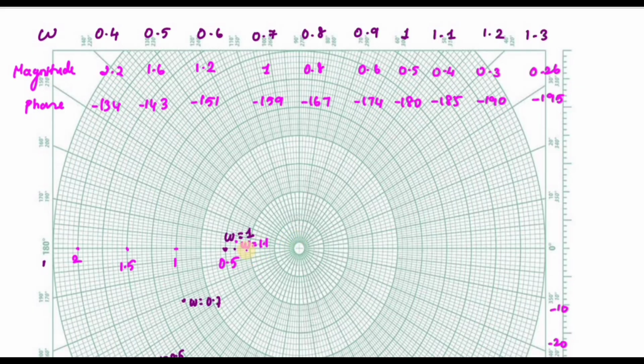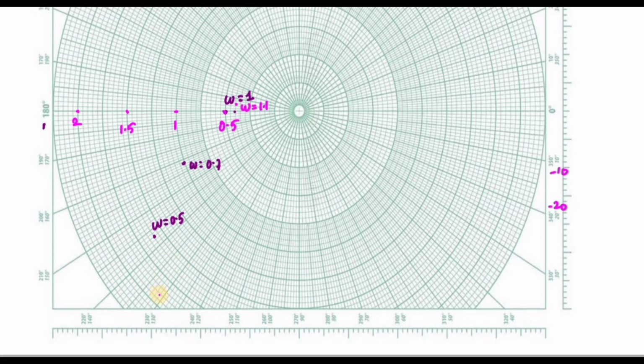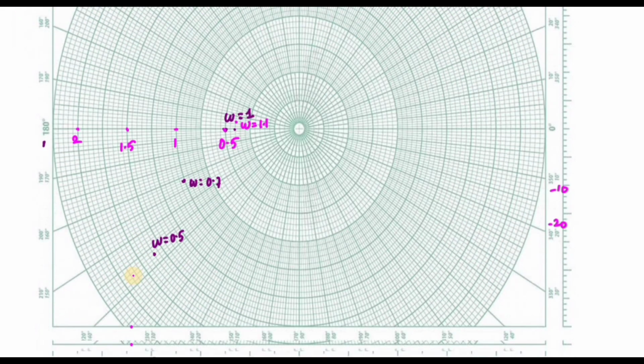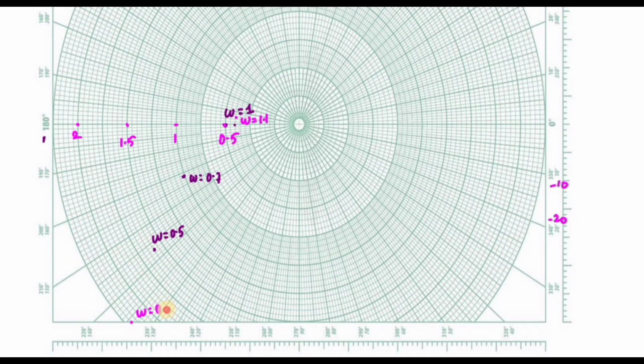In a similar way, you can plot it for 1.2, 1.3 and all. Next, this is 1.3, right? In a similar way, if you want, you can plot for 2.2. So this is 2.2 and for 2.2 the phase value is minus 134. So this is when the omega value is 0.4, right? So now we can join these dots. Okay, you can join the dots.